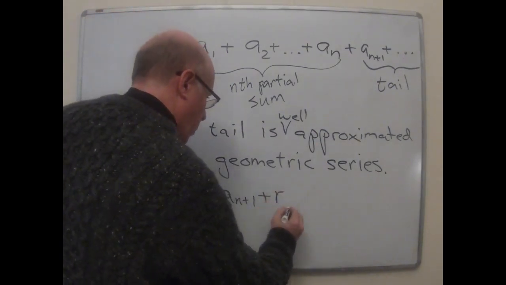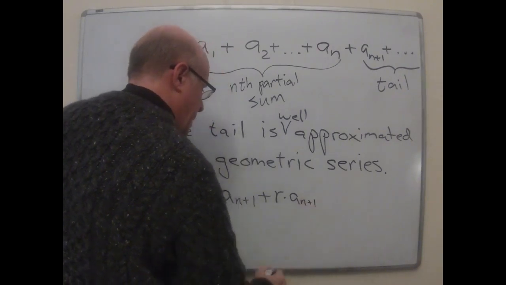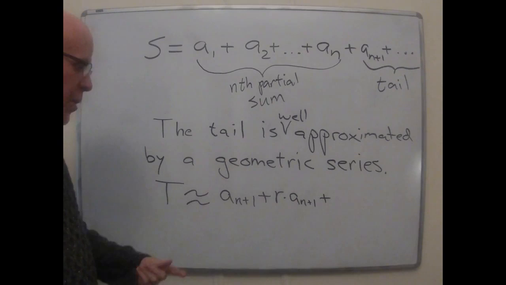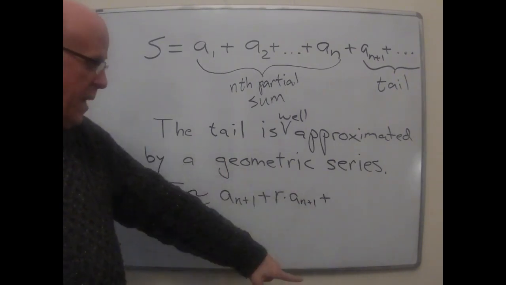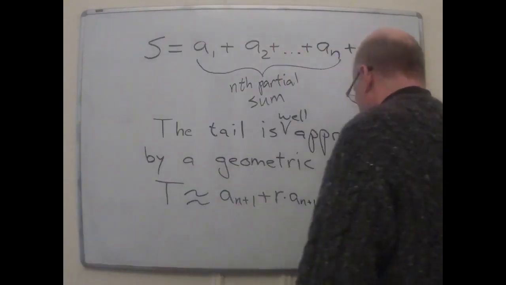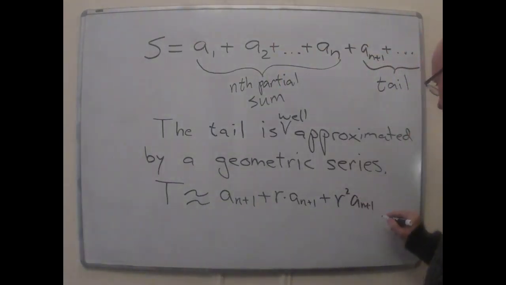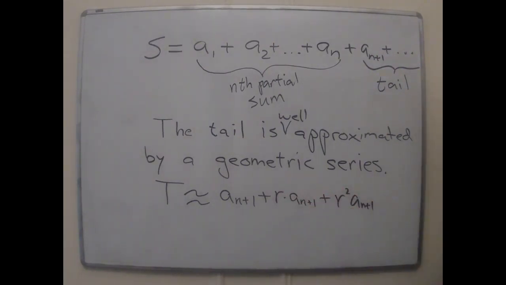So whatever r worked out to be times a sub n plus 1. And the one after that, this is a sub n plus 2, well, it's an approximation of it, would look like r times that. So we get r squared times a sub n plus 1. So the tail looks like a sub n plus 1 times the geometric series with common ratio r.